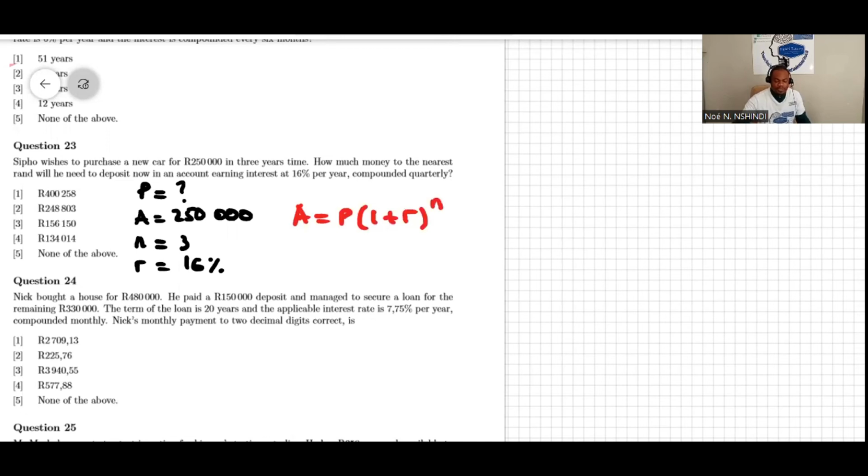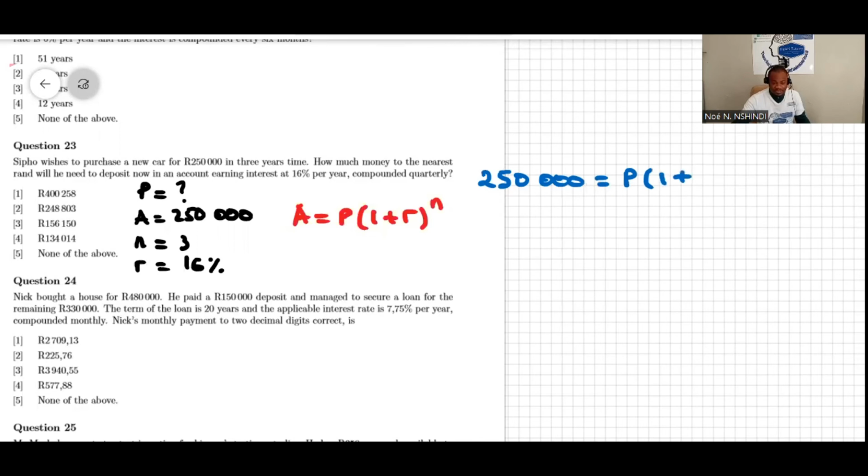Now we can substitute in the formula, where we're looking for P. The amount is 250,000, and then the principal P, and then 1 plus the rate.